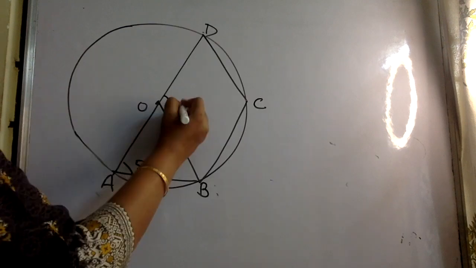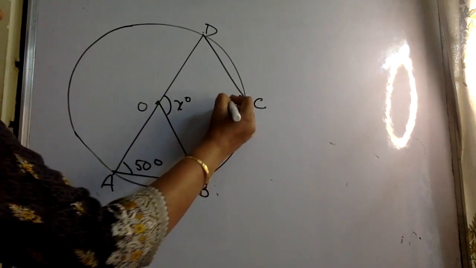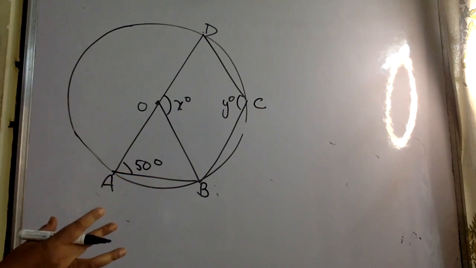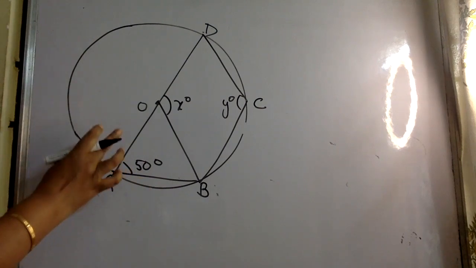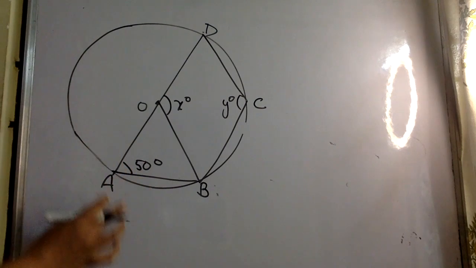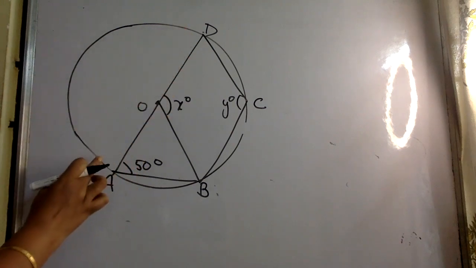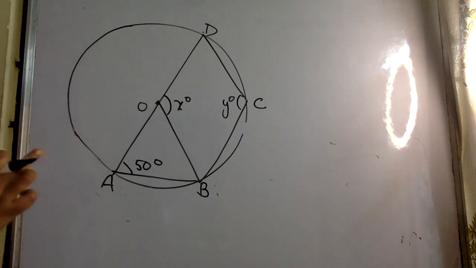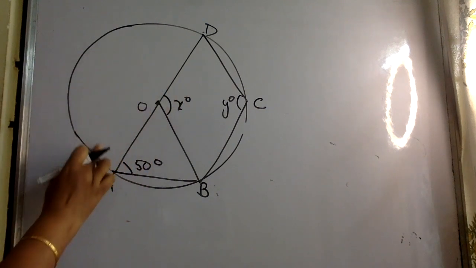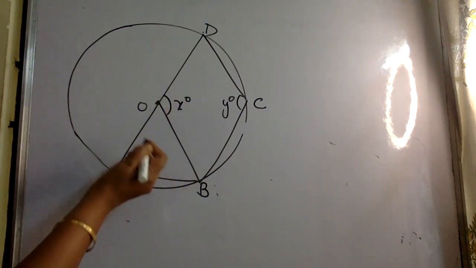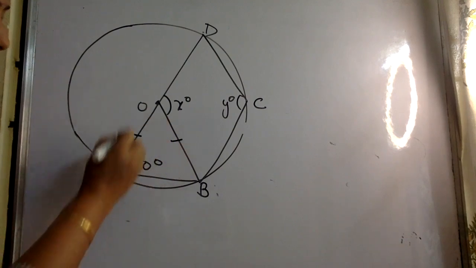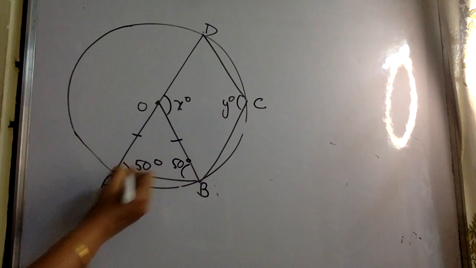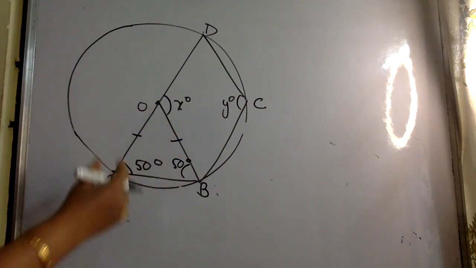Okay, here we have one sum which says find x and y. Now we have a cyclic quadrilateral here because they have told us O is the center and this line is passing through the center. So this is the diameter. In that case, OA is equal to OB because they are the two radii. Therefore, this is also 50 degrees. I'll solve the sum first and then I shall write it.